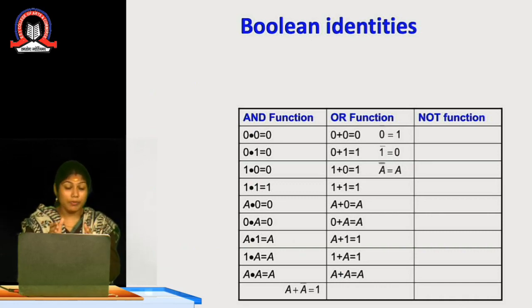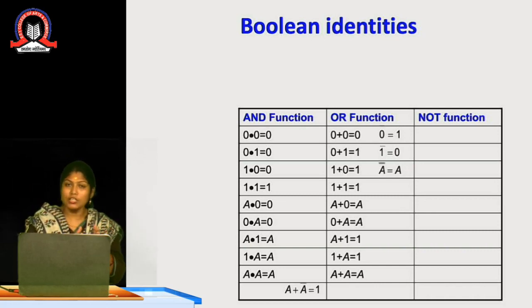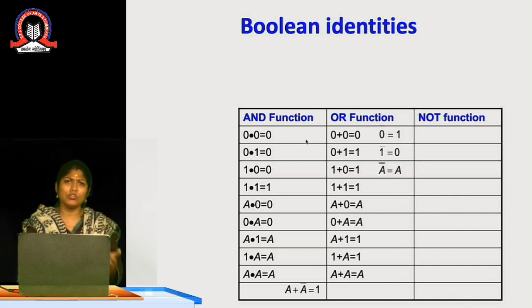If these expressions or laws are very clear to you, then you can easily prove any Boolean logical expression. So in Boolean identities, there are three functions: AND function, OR function, NOT function. We know the truth table, so you can easily understand: 0 and 0 is 0, 0 and 1 is 0, 1 and 0 is 0, 1 and 1 is 1.